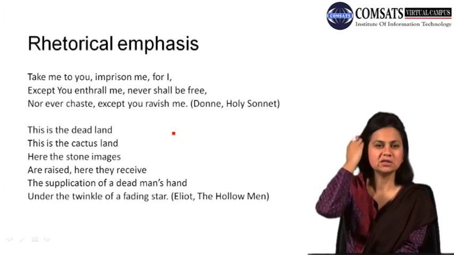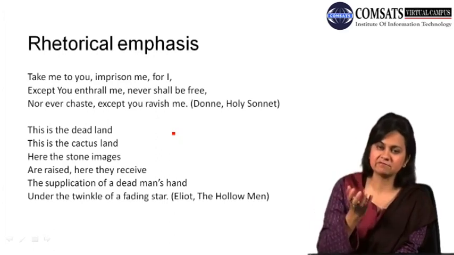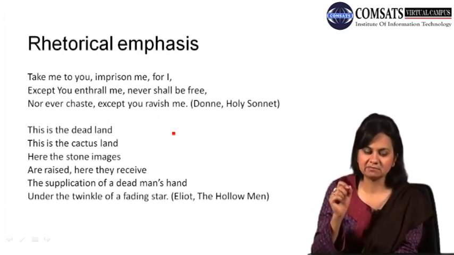So look how this rhetorical emphasis with the help of parallelism, that take me to you, imprison me for I, except you enthrall me, now take me and you, that is where it replaces the word you with me.